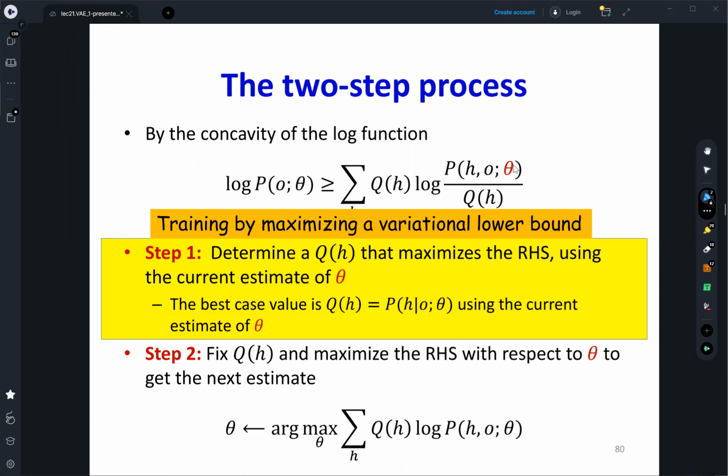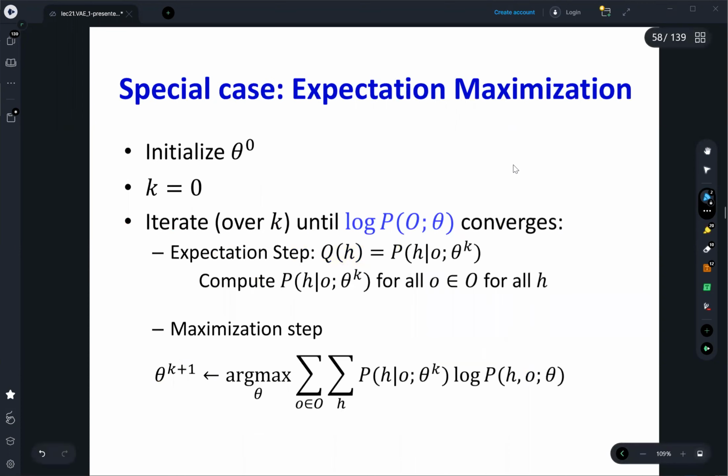Right, okay. And so the special case, expectation maximization, is where for Q of H, I actually use the conditional probability of H given O. And here in the iterative process, if theta superscript k represents my current estimate of the parameters, I'm going to estimate Q of H as P of H given O using those parameters.